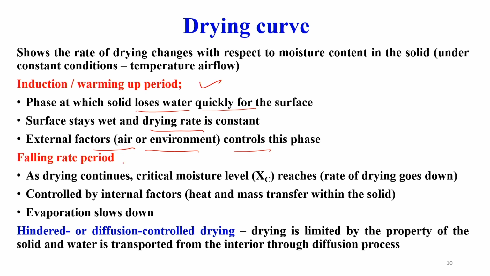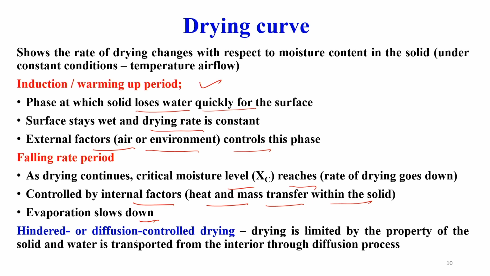Now, when we go to the falling rate period, as drying continues, the critical moisture level is reached and the rate of drying goes down. This is controlled by internal factors like heat and mass transfer within the solid, and evaporation slowly slows down and reaches a plateau.